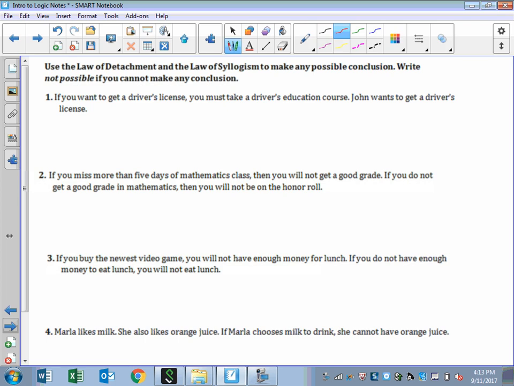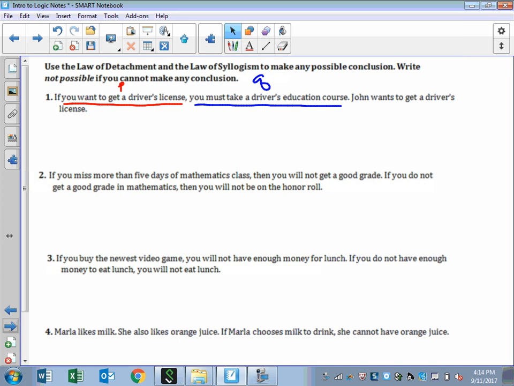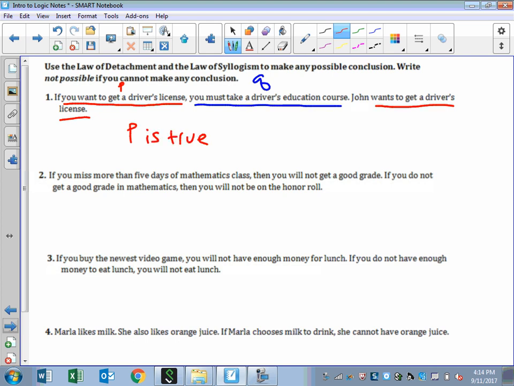Our conditional statement is, if you want to get a driver's license, you must take a driver's education course. So you want to get a driver's license is your P. Then you must take a driver's education course is our Q. John wants to get a driver's license, so that's the same as our P. So P is true. So that means that Q must be true.